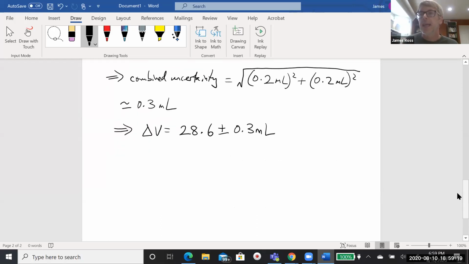So clearly it makes sense to take as few measurements as you can, because every time you make a measurement, you're going to add those uncertainties together if you're adding and subtracting. And so the more measurements you have to make, the greater the opportunity for error to creep into your measurements.